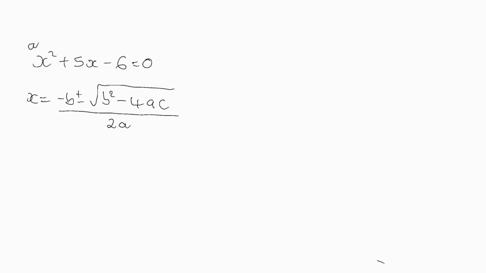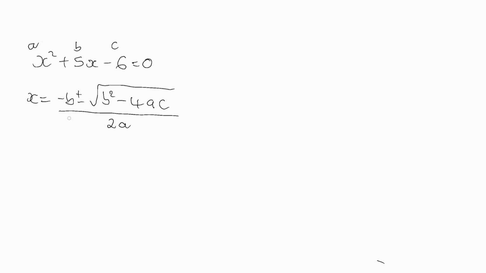The value of b is given by the coefficient of the x term. The coefficient of the x term in this case is the +5. So the value of b is +5. Also, we have c. The value of c is given by the constant. So the constant in this case is just -6. So we'll use these values to substitute in the quadratic formula so that we get to solve for x.